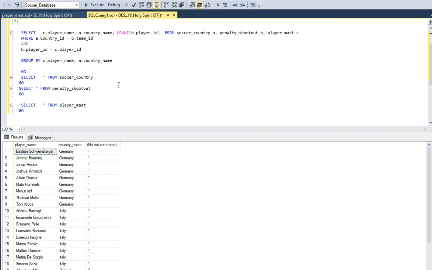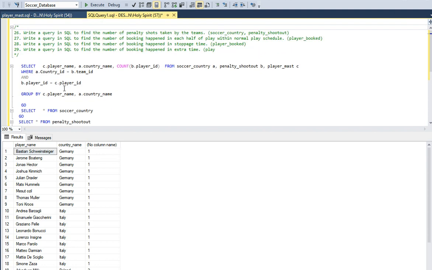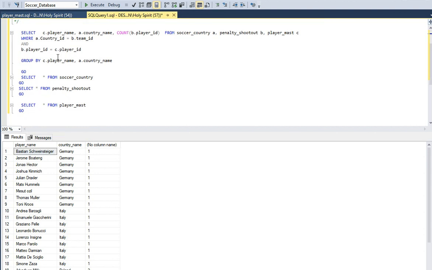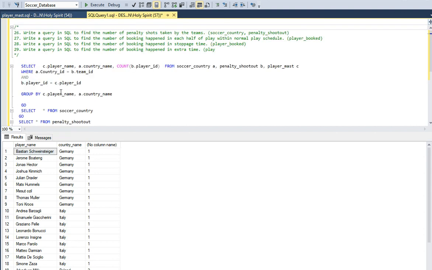If I had to use joins, I would say inner join on these two. But from this example, we know that in simple queries without joins we can do this kind of problems. We can solve them.